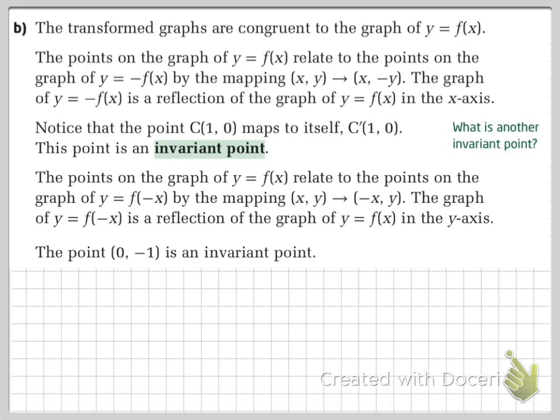This point's called an invariant point. And the points on the graph of y equals f at x relate to the points on the graph of y equals f of negative x by the mapping of x, y goes to negative x, y. That was all said on the previous page, so let's move on.